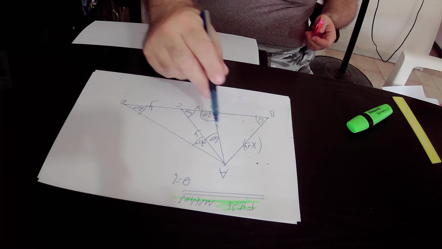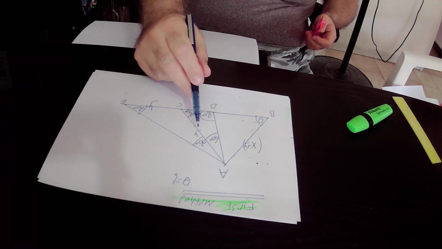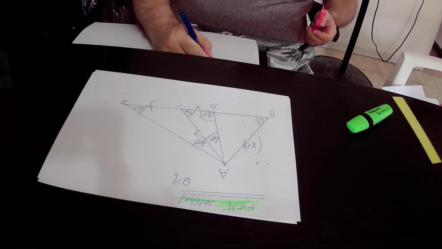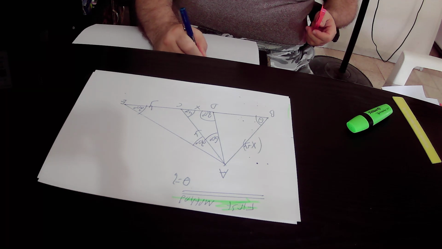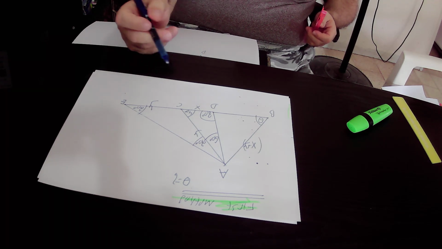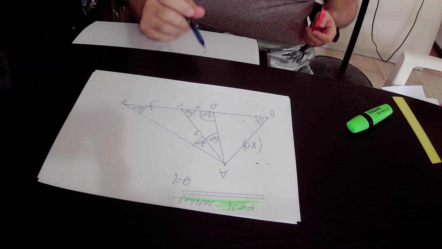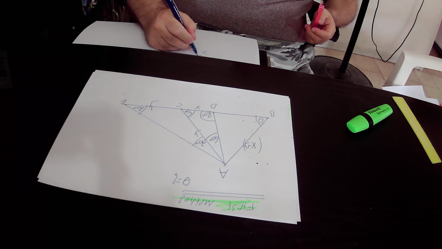Angle DAE equals 60 degrees plus 20 degrees, which is 80 degrees. Angle ADE equals 80 degrees according to what is given in the question.